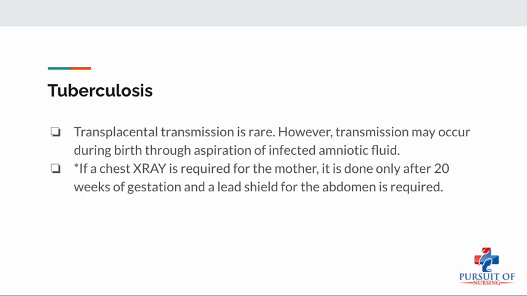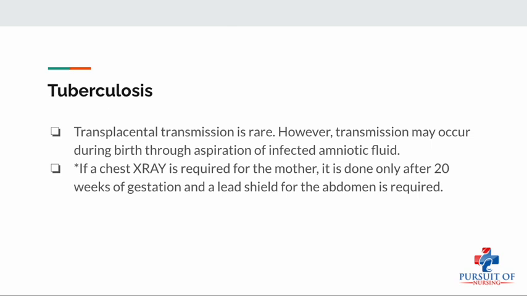All right, tuberculosis. So transplacental transmission of tuberculosis is very rare. However, transmission may occur through birth or during birth through the aspiration of infected amniotic fluid. So if tuberculosis is suspected in a mother, an x-ray is not done until after 20 weeks gestation, and then of course the lead shield needs to be utilized to cover the abdomen.